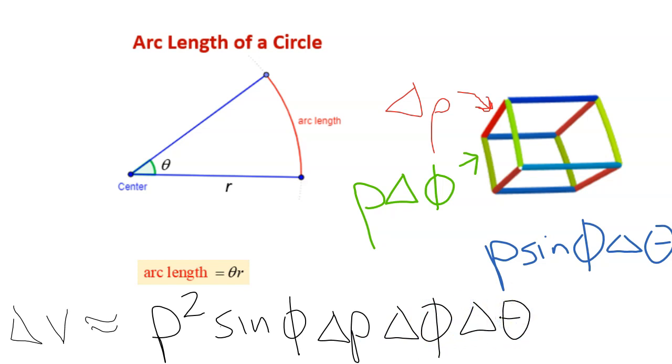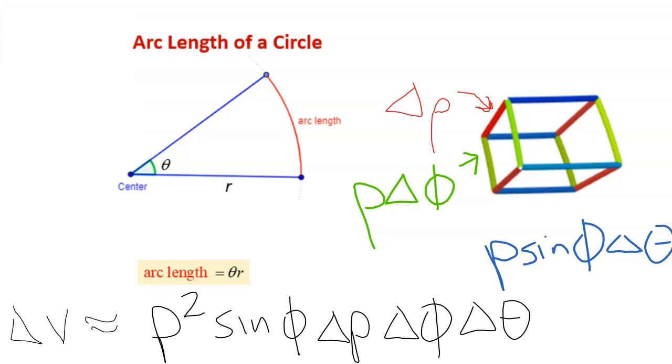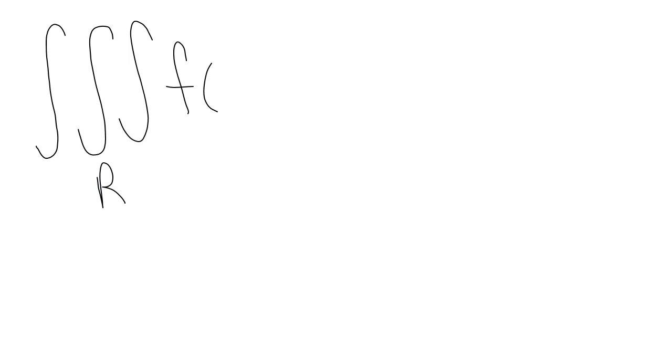And obviously you could do those in any order that you want to, but here's the key thing. When we take the limit as these little shapes make their way to 0, these deltas will become differentials, and we get the triple integrals over some space, and we're going to describe our integral with rho, phi, and theta.